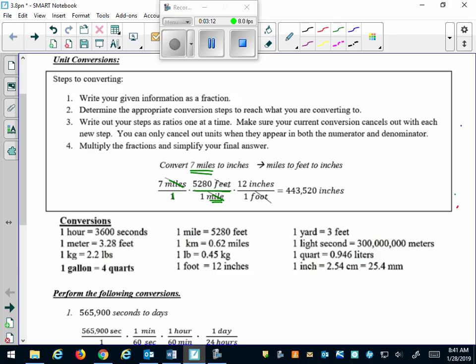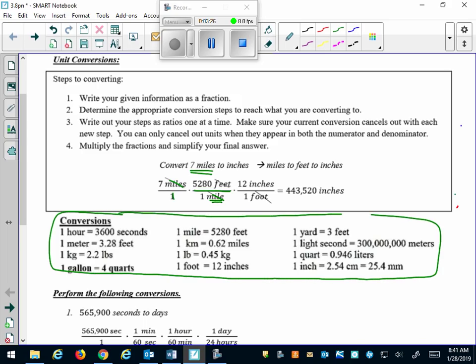Now, we're changing this into inches eventually, but we don't know how many inches are in a mile. We do know how many feet are in a mile. If you look down here, there's a bunch of common conversions that we can refer to if we're not sure. We know there's 5,280 feet in a mile.